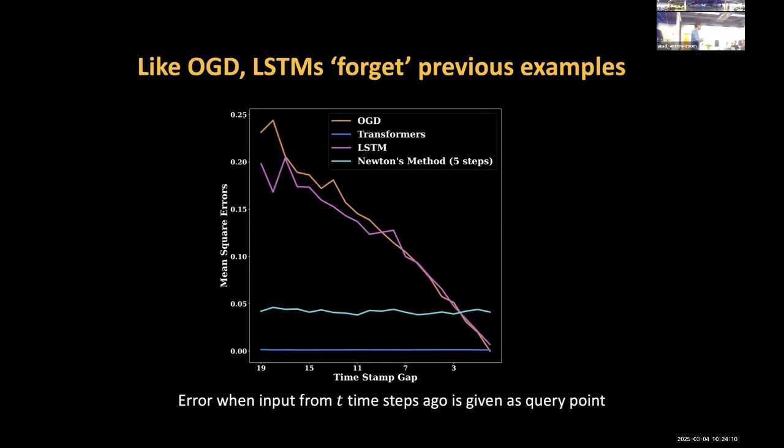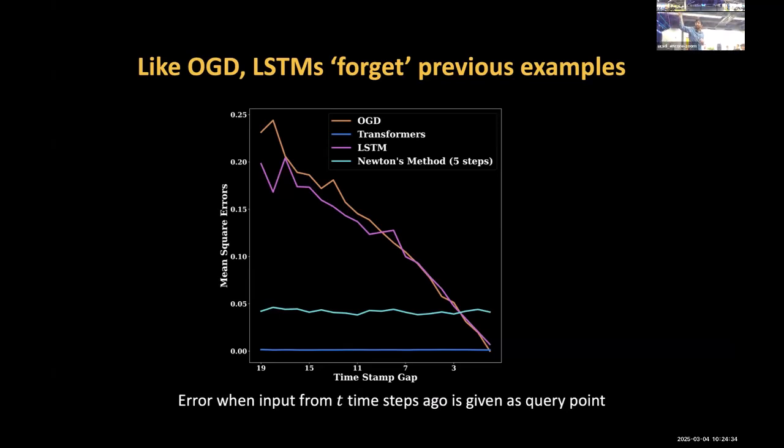What we do over here is give as input some example that the model already saw in this particular sequence. On the x-axis is how many time steps ago you saw this example. If you saw it very recently, then LSTM and OGD both get small error on it. If you saw it a long time ago, you get a much larger error.